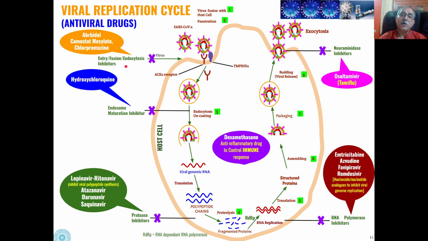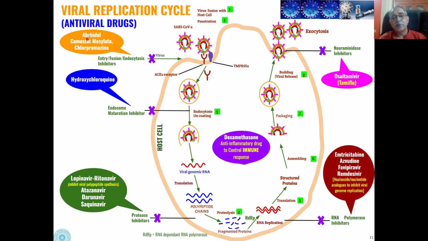So to inhibit the activity of this entry and fusion or endocytosis, a few drugs have been found to be very effective, and these drugs are called entry inhibitors or fusion inhibitors or endocytosis inhibitors.